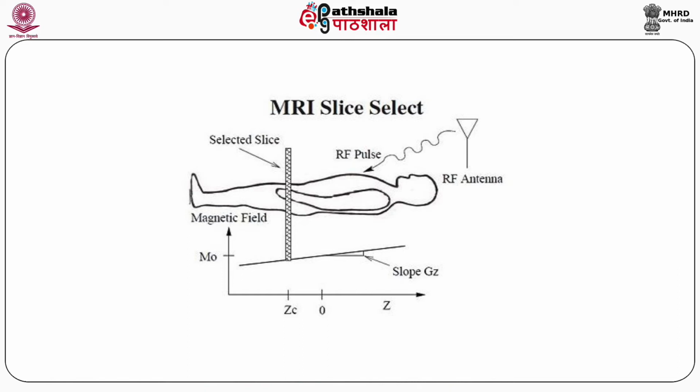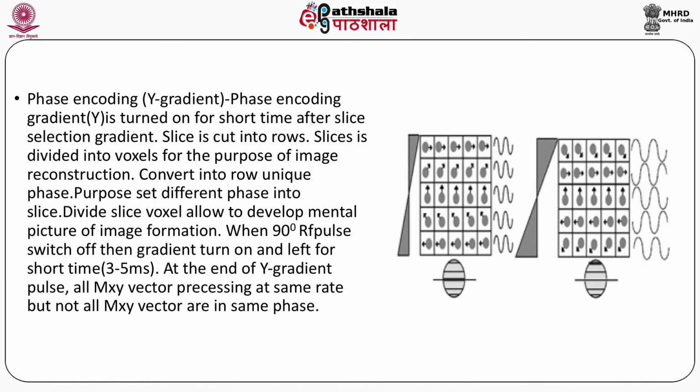You can see in this figure the gradient magnetic field has been applied along the z-axis to divide the FOV into slices. So this is how we can select the slice, by applying the gradient magnetic field along the z-axis. This slice select gradient is on at the time of sending the RF pulse, slightly before the application of the RF pulse. So we can select the slice.